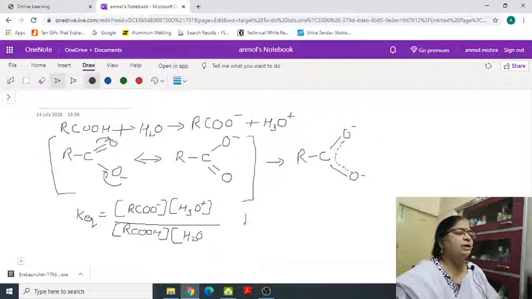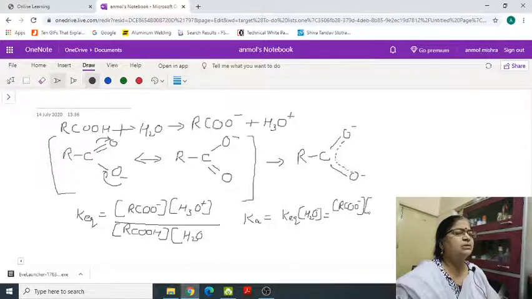This can be written as Ka equals Keq into H2O, which is equal to RCOO minus into H3O plus divided by RCOOH.